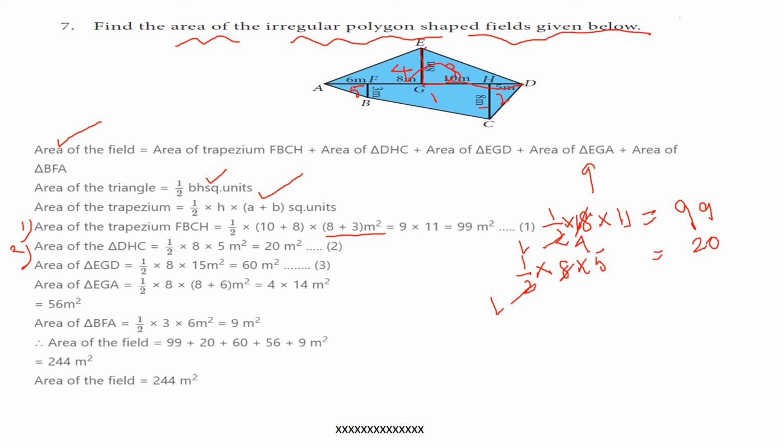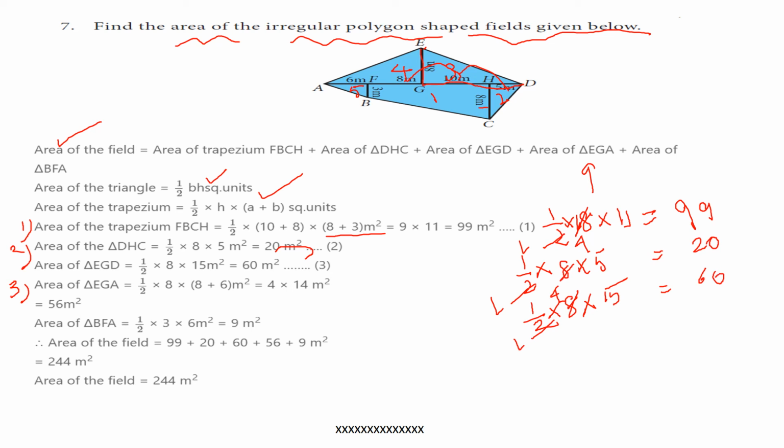Third one, area of triangle EGD, half into that shape is a triangle also. So height is 8 meter, into B is 10 plus 15, so 25. So 1 2 is 2, 4 2s are 8, 4 15s are 60.